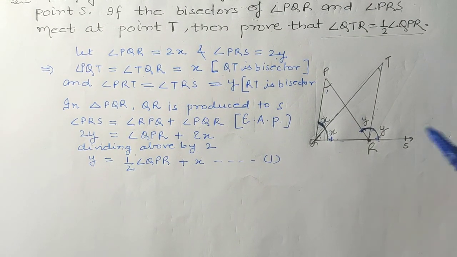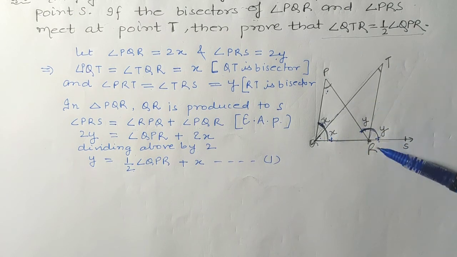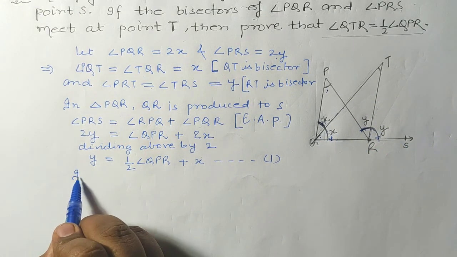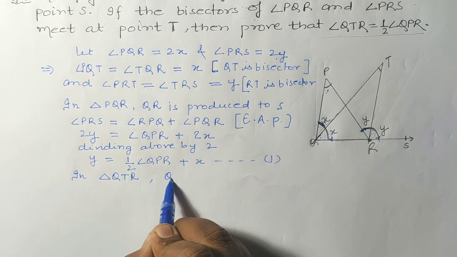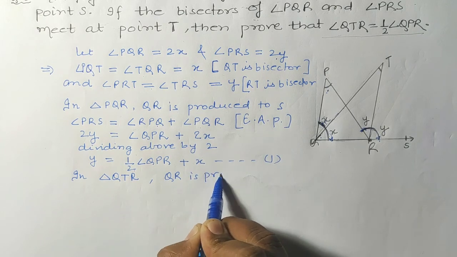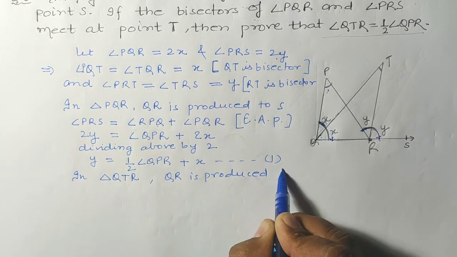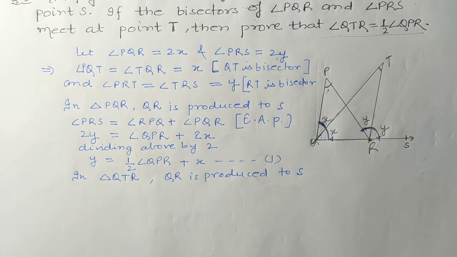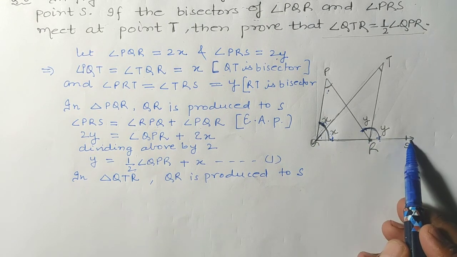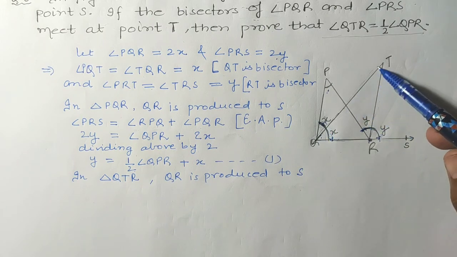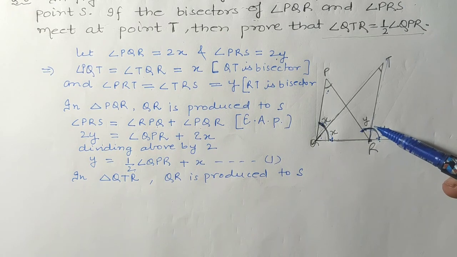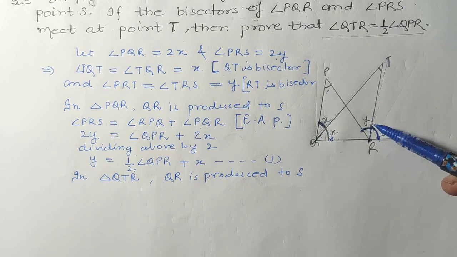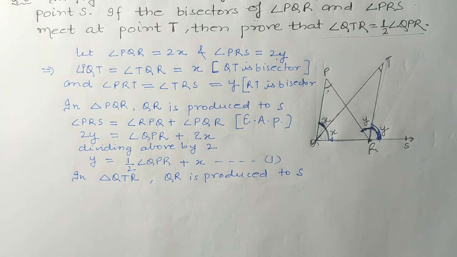Now students, we are considering triangle QTR. In triangle QTR, QR is produced to S. So if QR is produced to S, then this angle, only this part, is its exterior angle.